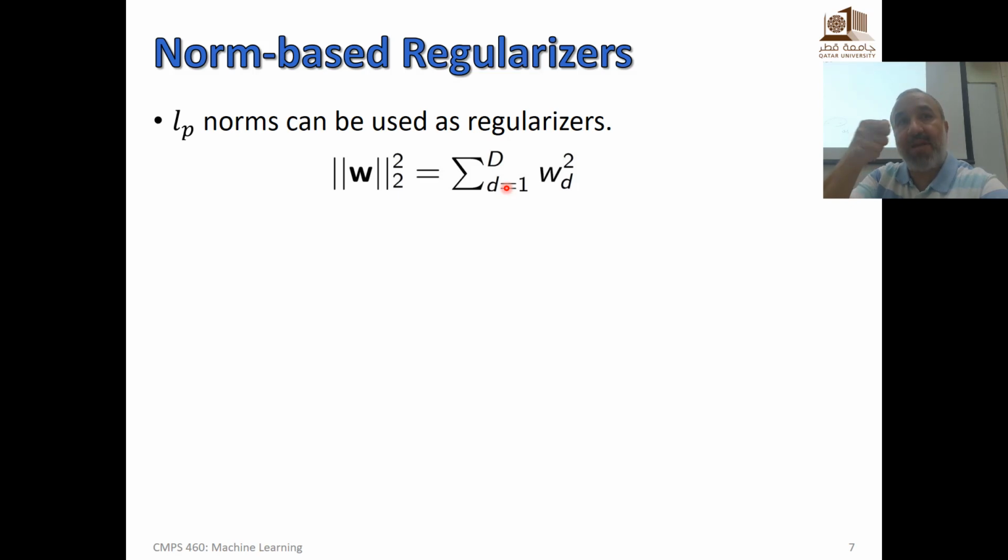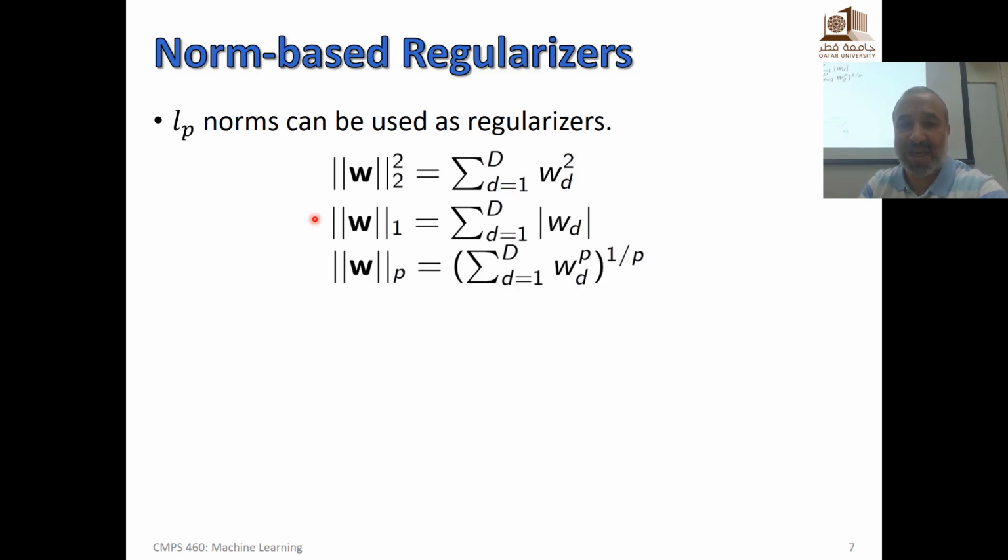But we can even push harder, and instead of the L2 norm, we can use L1 norm, which is the second equation here. Forget about the third one. The second equation here is what we call L1 norm. L1 norm is just the sum of the absolute values of the weights, because we care about the absolute value more than the actual value.